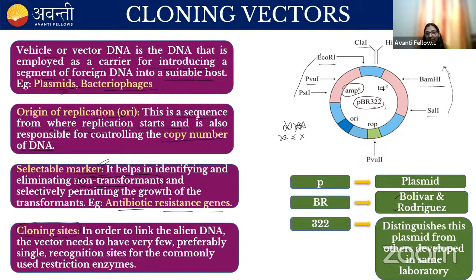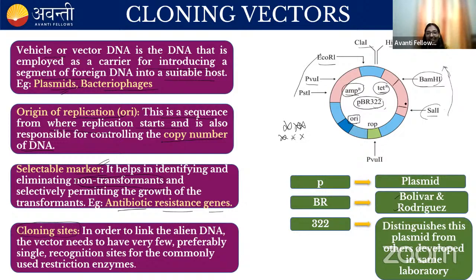And two selectable markers are present: tetracycline and ampicillin resistance genes. This vector contains an origin of replication. And one more important point is that these restriction enzymes have their cloning sites in the selectable marker.